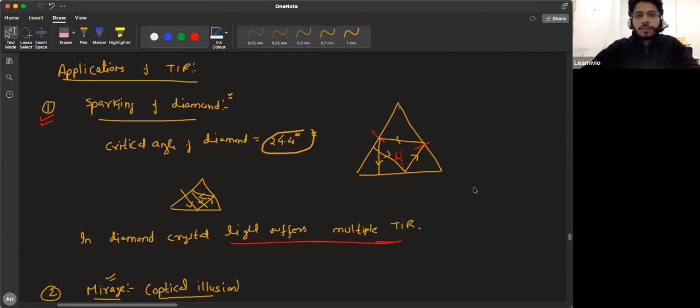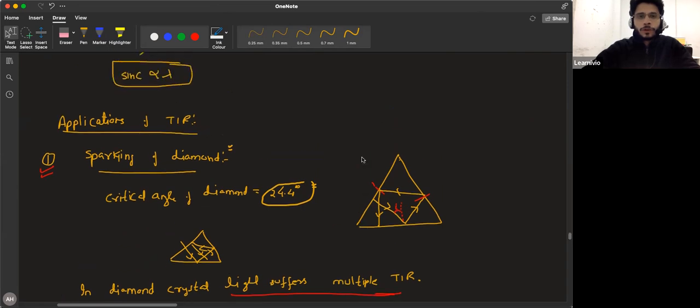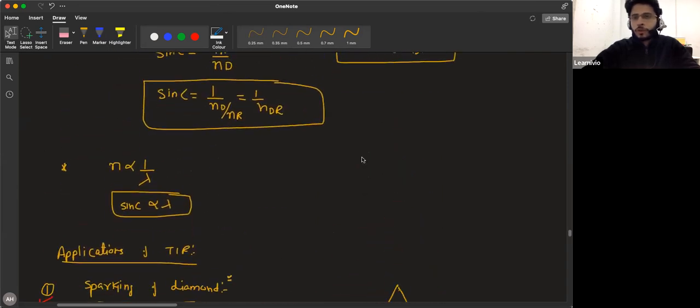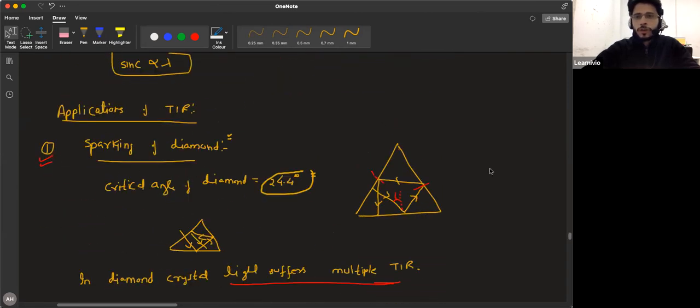Okay, so up to last lecture, we have finished TIR, right? We did one numerical on TIR also, no? So what are the two essential conditions for TIR, Meher?